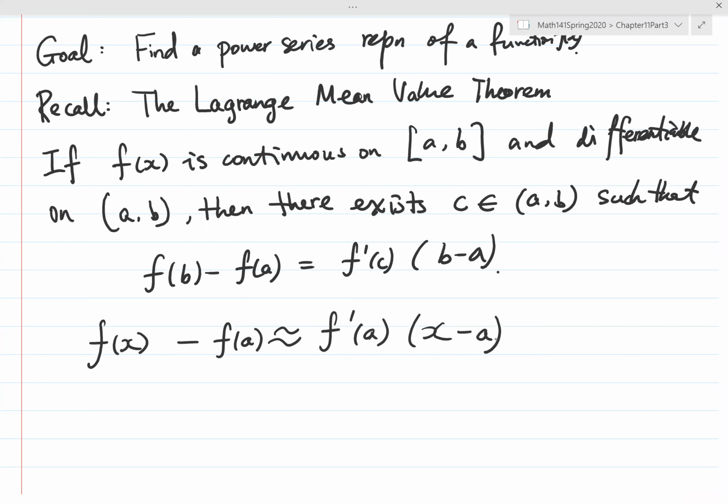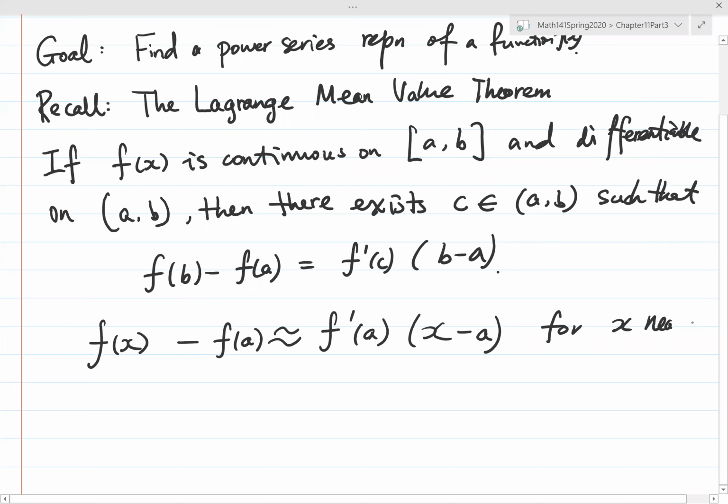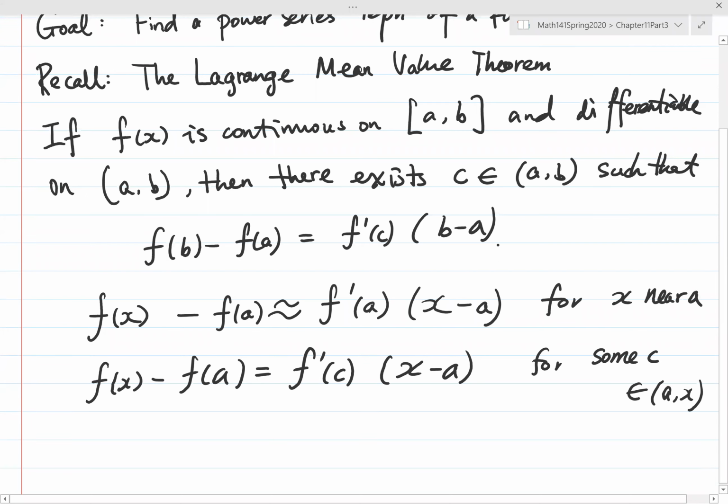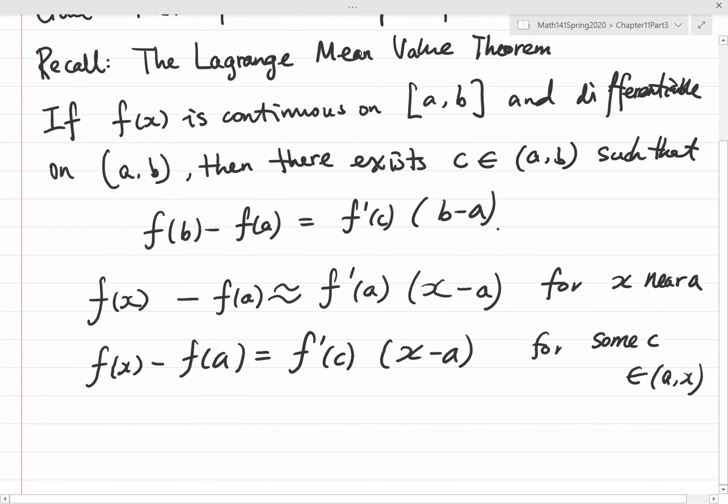Then for x near a, the mean value theorem tells us f(x) minus f(a) equals f'(c) times (x minus a) for some c between a and x. Because a and x are close, c is close too, so by continuity of the first derivative, f'(c) is around f'(a).